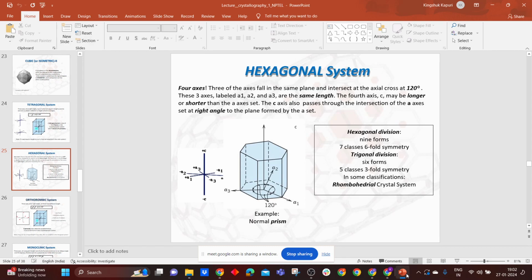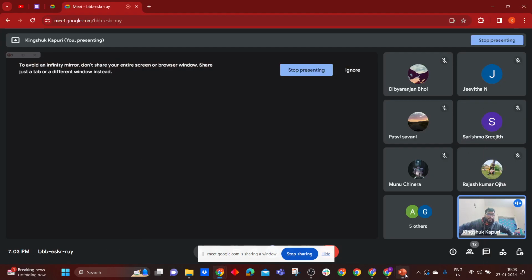And always remember one thing about this C axis. For example, if there is a Hermann-Mauguin notation 622 or whatever, maybe 4/m 3 2/m, can you guys tell me which fold axis will be the vertical axis in case of 4/m 3 2/m or 622?